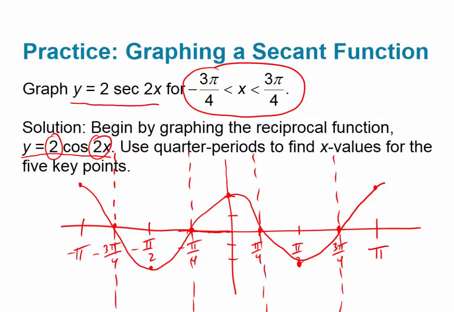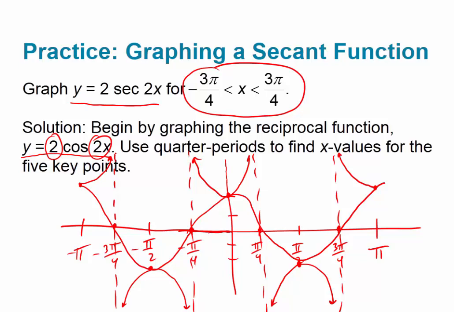And then every one of these peaks or valleys will be the vertex of our parabola. So here's the vertex of our parabola. Here's the vertex of our parabola. And if we wanted to, we could graph just half of that one there, I guess since it goes to pi. Same thing here.